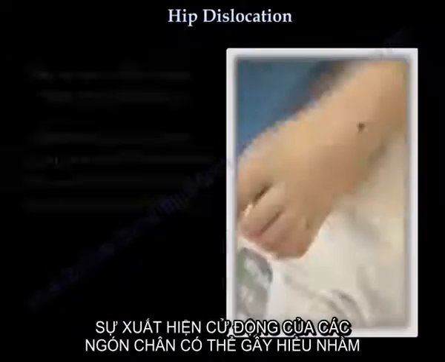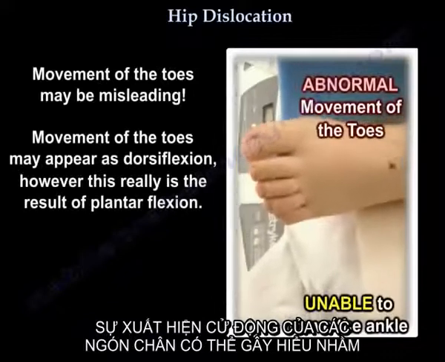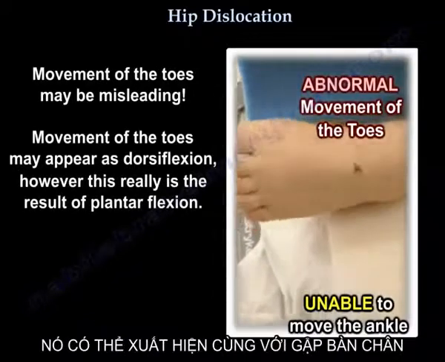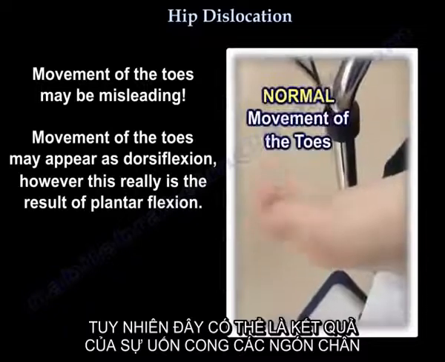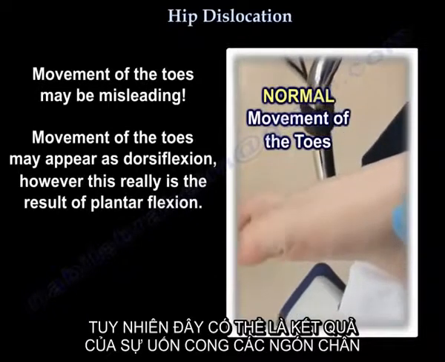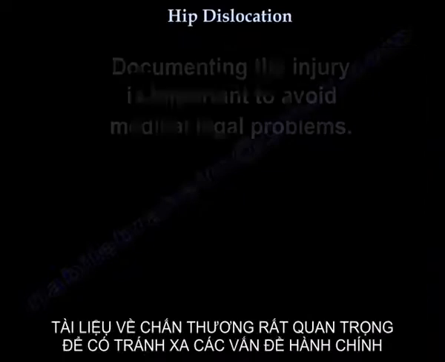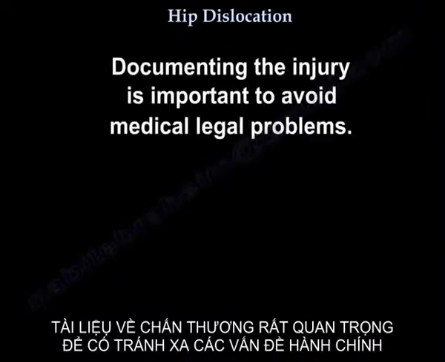Also, be aware that movement of the toes may be misleading. It may appear as dorsiflexion, however, this could be the result of plantar flexion of the toes. Documenting of the injury is important to avoid medico-legal problems.